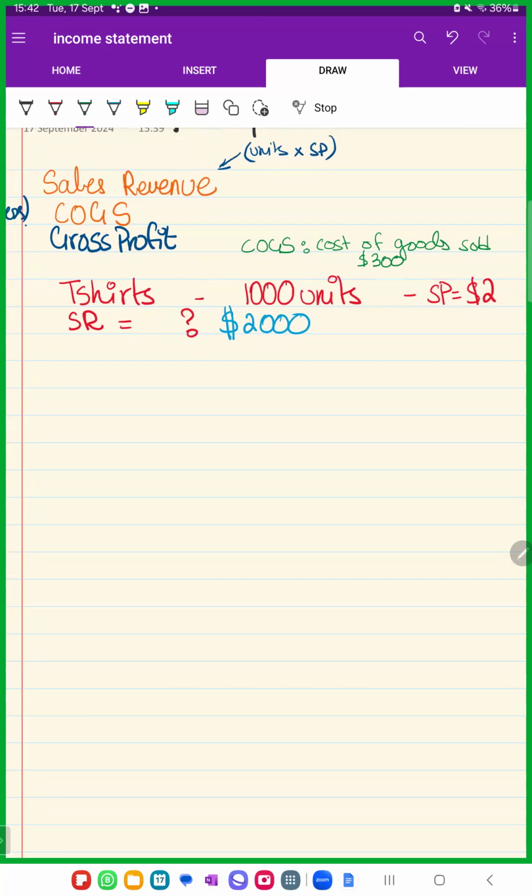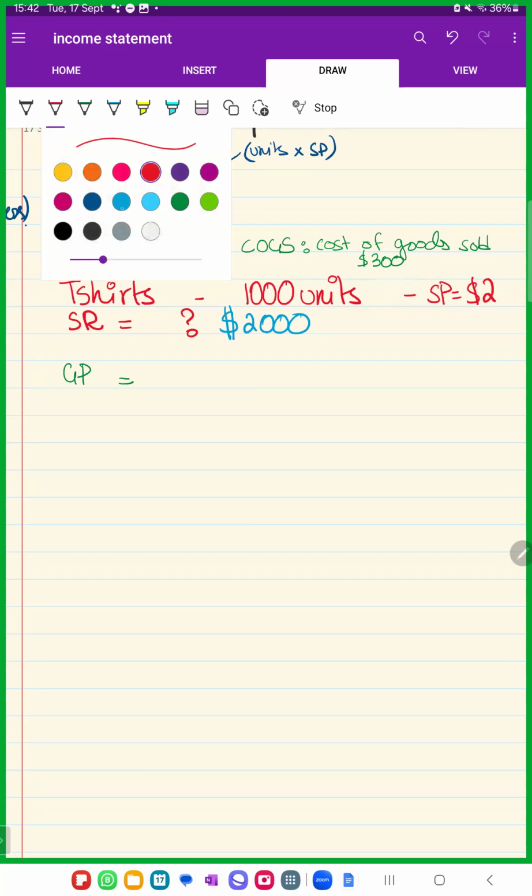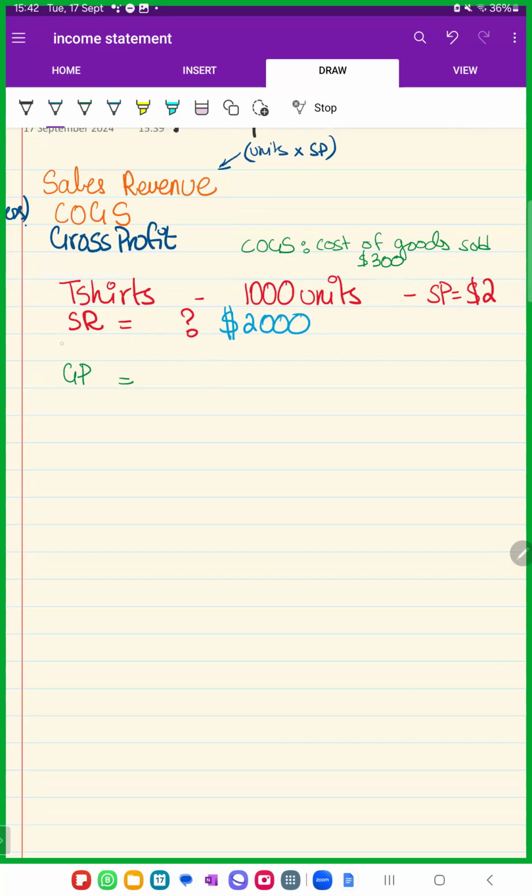So when I want my gross profit, I simply minus the cost of material from the sales revenue, and I get my gross profit.